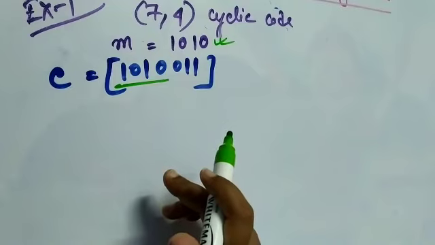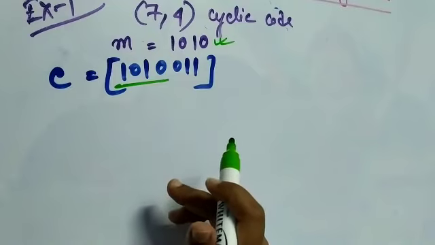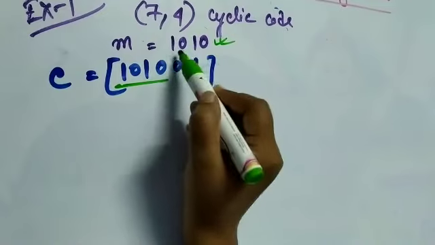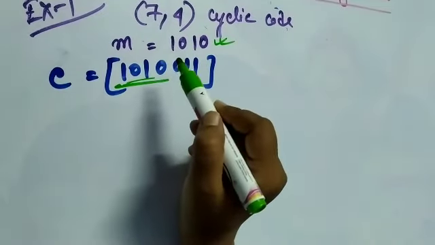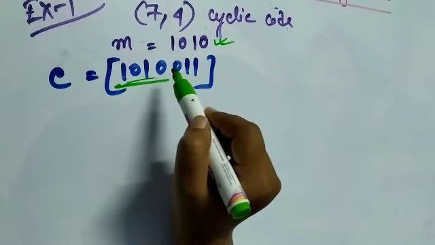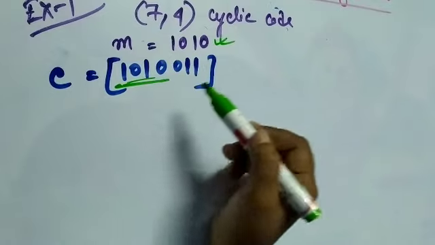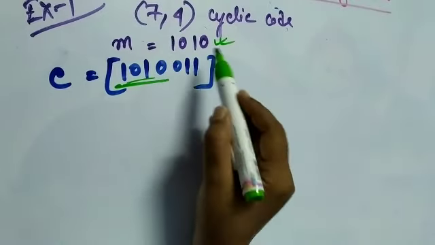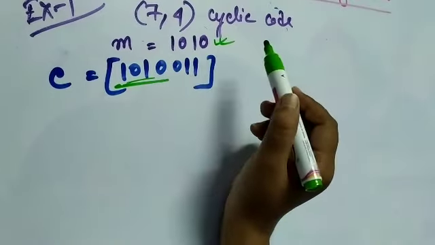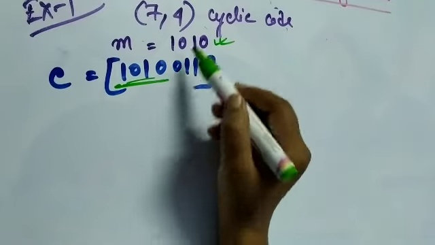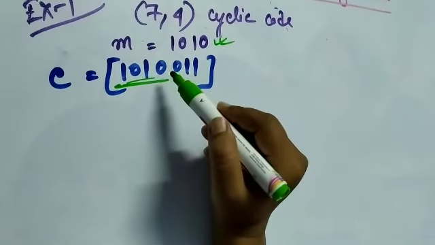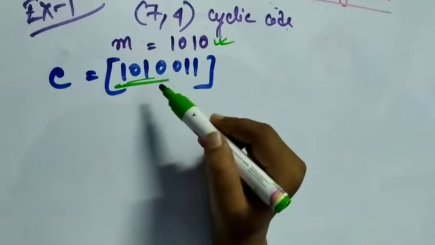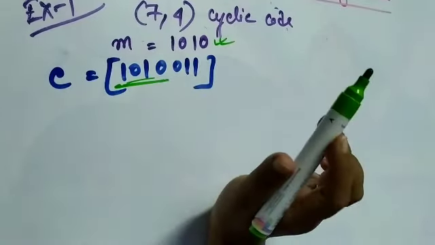So here the first 4 bits should be the message bits and the remaining bits must be parity bits. In our given problem, the message bits are this. That means the bits are matched. So the condition for systematic code word is fulfilled here.